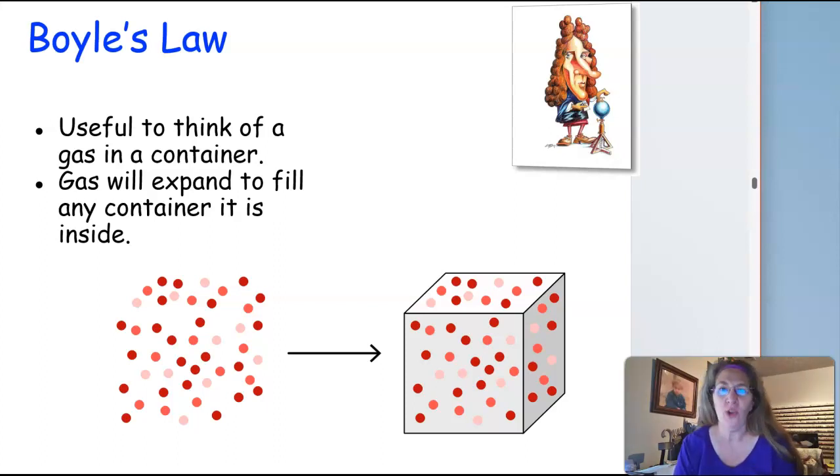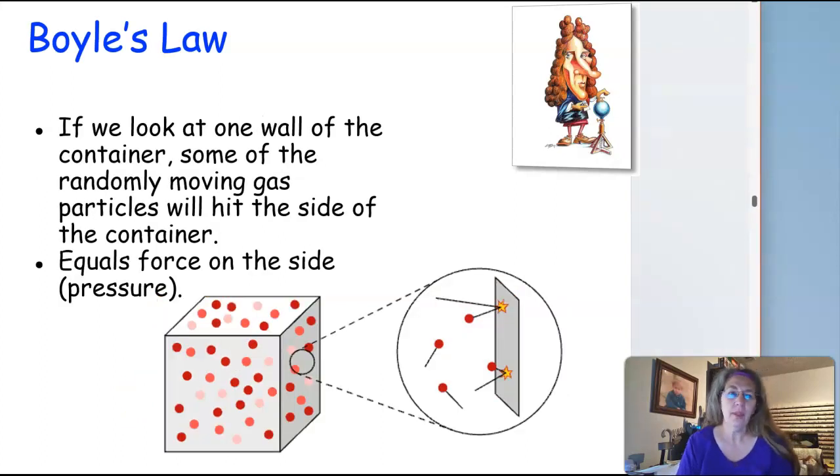It won't just be in the corner, it'll fill the entire space within. The pressure that we measure in the box is going to be the number of collisions of the gas molecules on the wall of the box. So if we increase the temperature, it is going to stay the same, sorry.